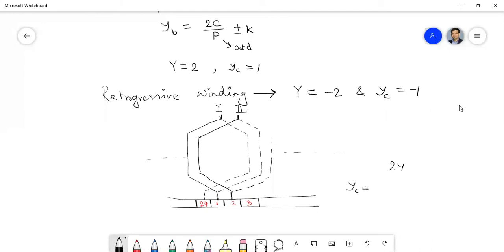Yes, sir, -1. How? If we consider coil 2, then the starting coil side is connected to commutator segment 2, and the ending side is connected to commutator segment 1. So we find that commutator pitch is 1 - 2, that is -1.